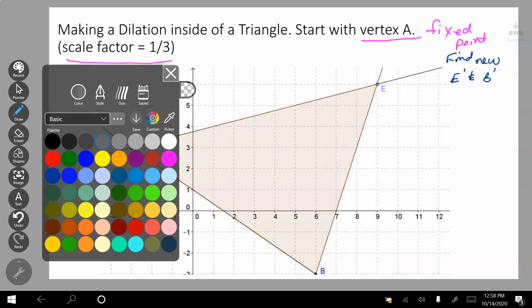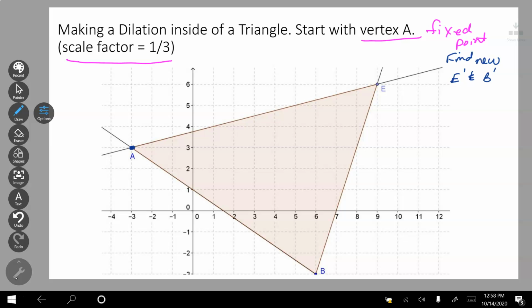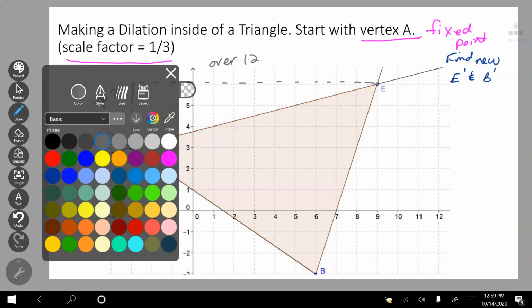So if I count my squares, they go from A to E. I look, it's up and over. If I count my squares, it is up 3 and it's over 12. And I'm going to multiply by my scale factor.